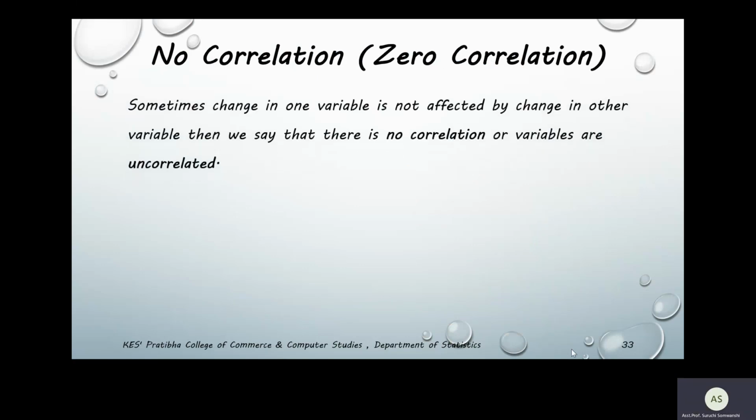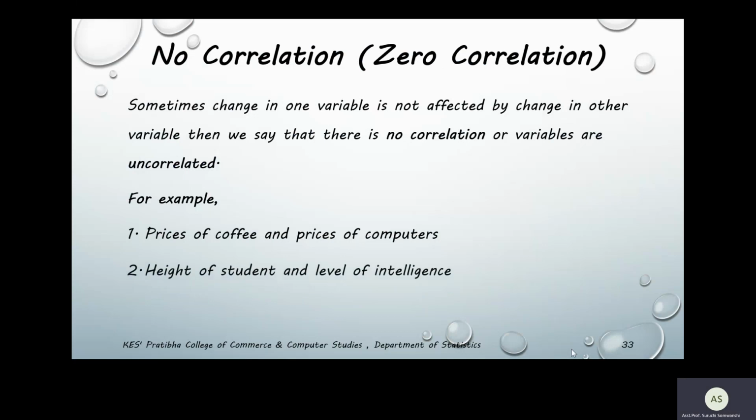Sometimes a change in one variable does not at all affect the other variable. Then we say that there is no correlation, or the variables are uncorrelated. For example, the prices of coffee and the prices of computers.